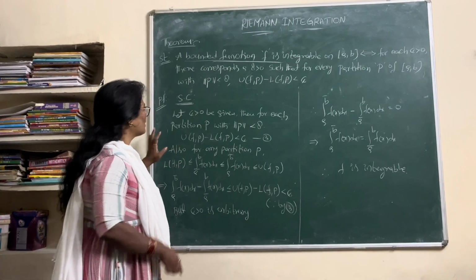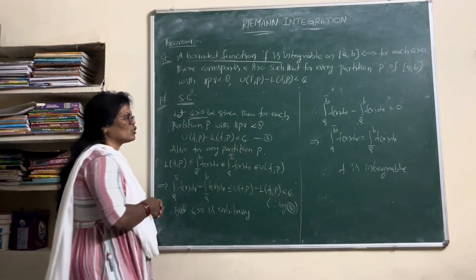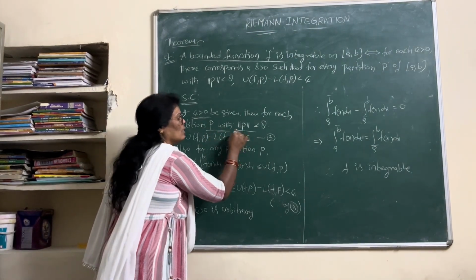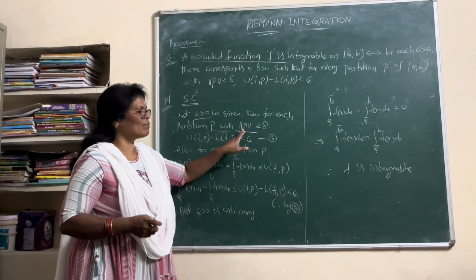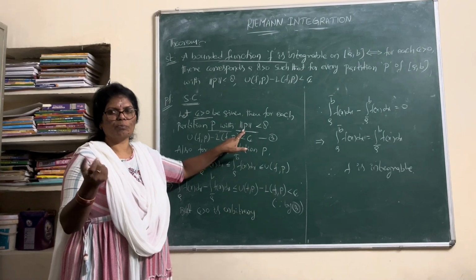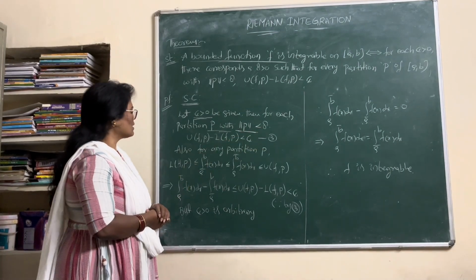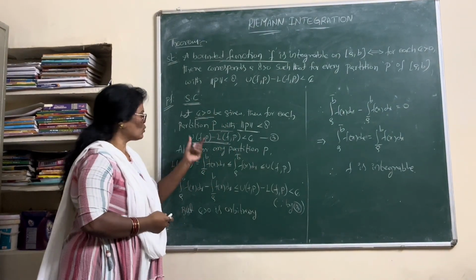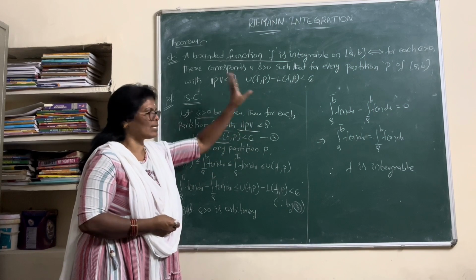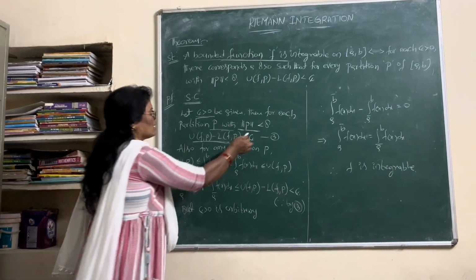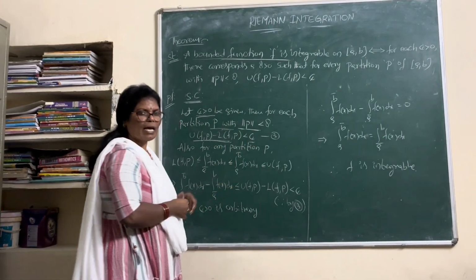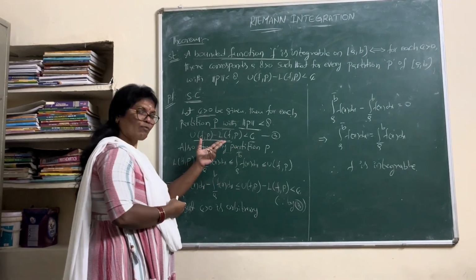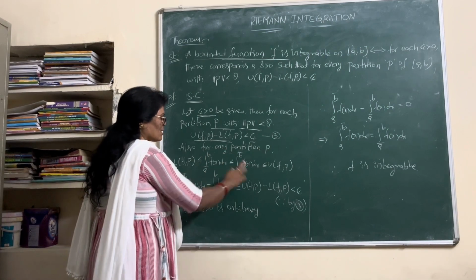Let epsilon be greater than 0; the norm is nothing but the length of the partition P. Delta always depends on epsilon only, and this condition should hold for any partition P.